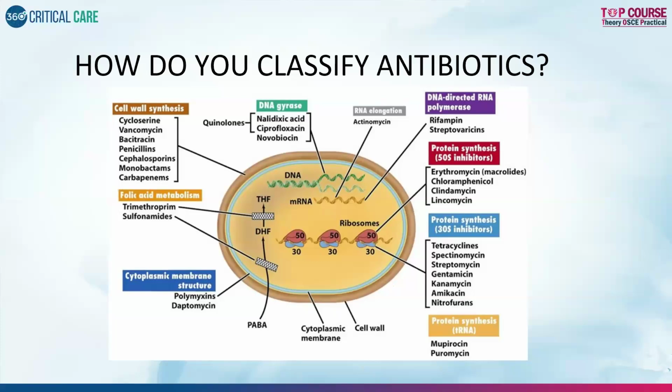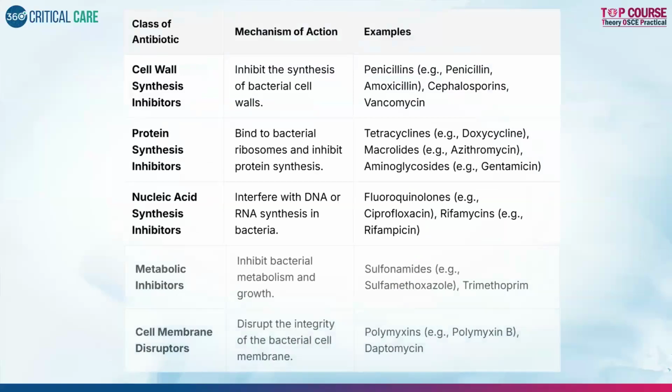Or the second classification would be whether they are static or cidal. Very good. You have to remember all of this and a few examples of them. So you mentioned cell wall synthesis inhibitors, protein synthesis inhibitors, nucleic acid synthesis inhibitors, metabolic inhibitors, and cell membrane disruptors. This is one way to tell them, or static and cidal.